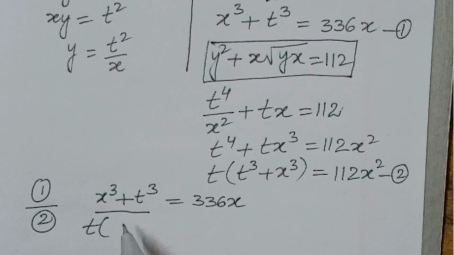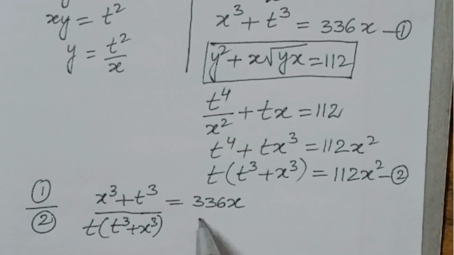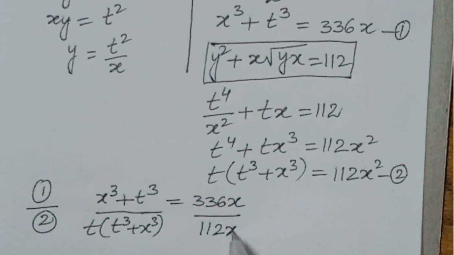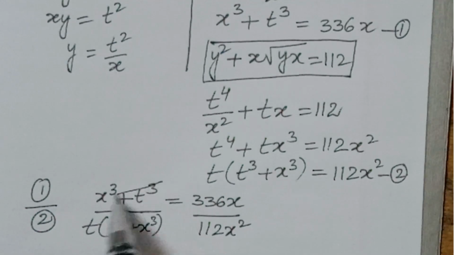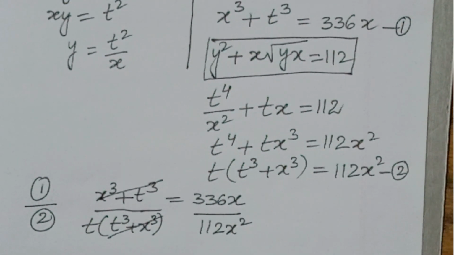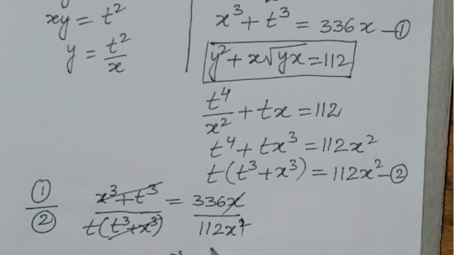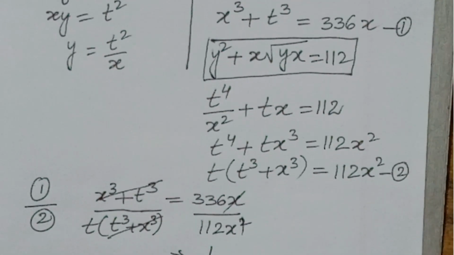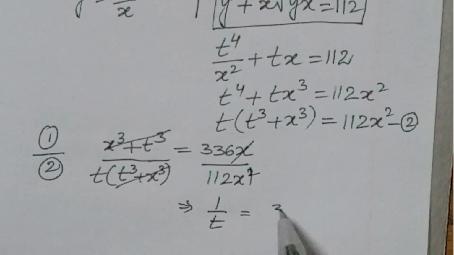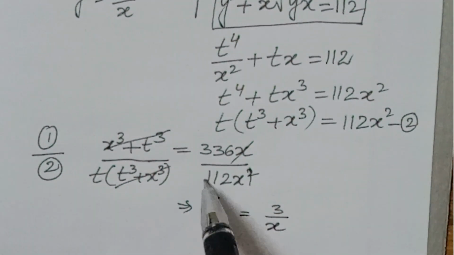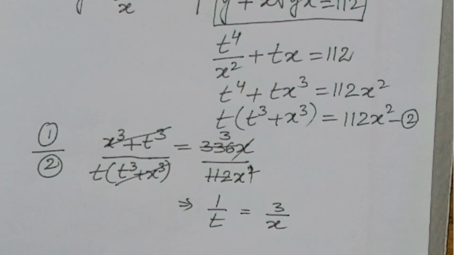Second one: t into t cube plus x cube is equal to 112 x square. Second equation divided by first equation: these two values are the same, so we can cancel. Here x square and x get cancelled. That implies 1 by t is equal to 3 by x.